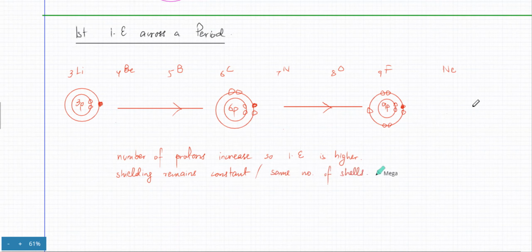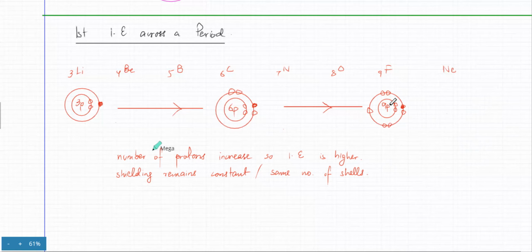What do you think about distance? What happens to the distance of the electron from the nucleus? It stays about the same, doesn't it? Because they're all in the same period, so it has the same number of shells. Exactly, the electron is in the same shell, so there shouldn't be any effect on distance, but distance slightly decreases. Why?